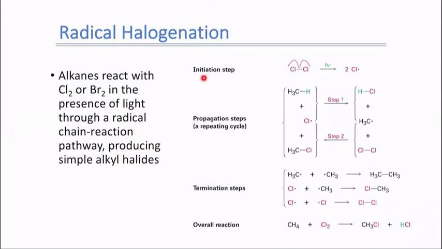So if you remember the mechanism for a radical halogenation, we have the initiation step, where we first form the radical, then our propagation step, where we take off a hydrogen and add the halogen in its place, and then our termination steps. And so the overall reaction is your methane plus chlorine gives you chloromethane and HCl.